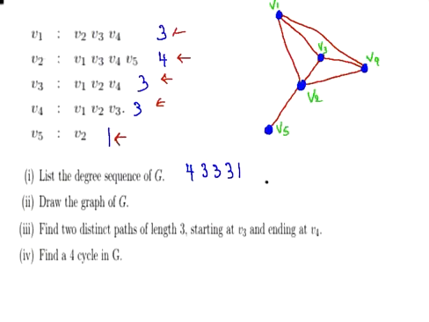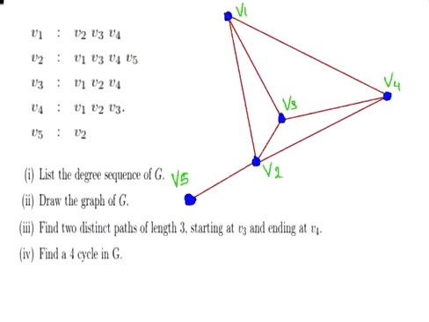Now what we're going to do is find two distinct paths of length 3 starting at V3 and ending at V4. This is the main part of the presentation. So let's look at that now.